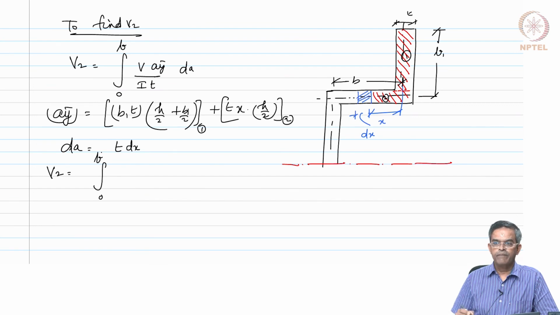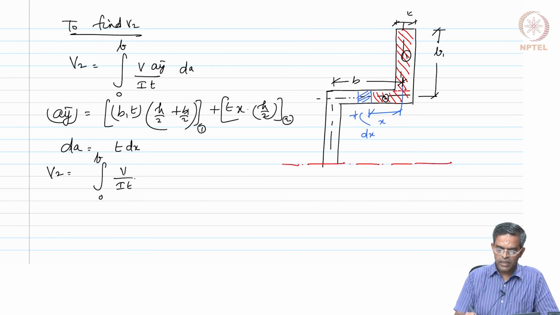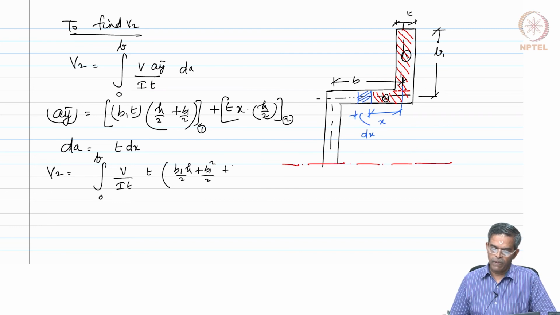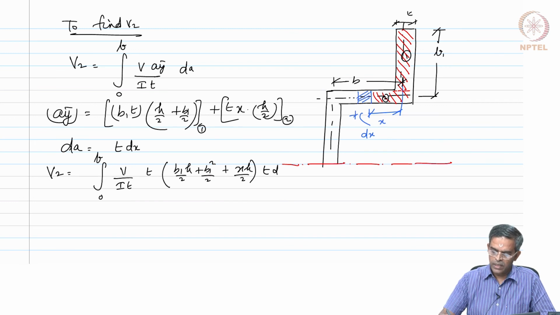So, I can now substitute V2 as integral 0 to B of V by I T into T, B1 h by 2 plus B1 square by 2 plus x h by 2, of T dx.